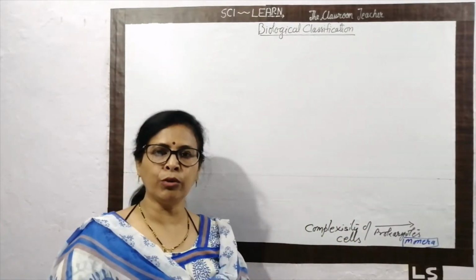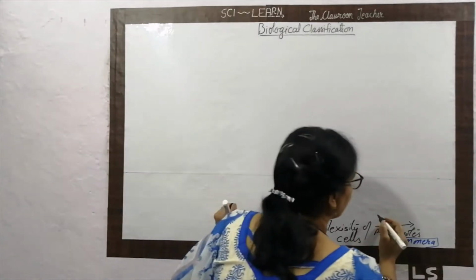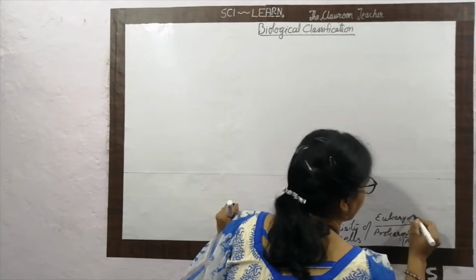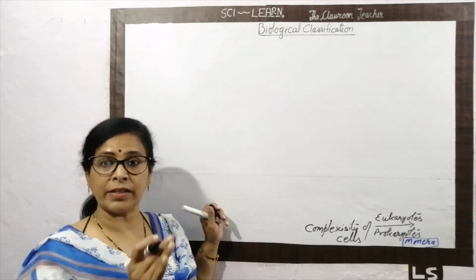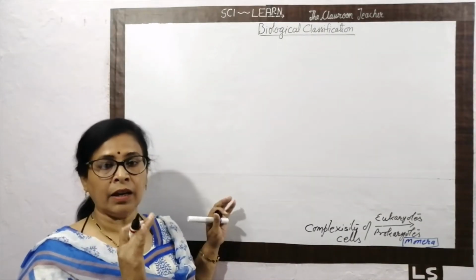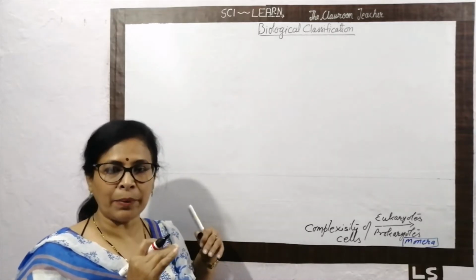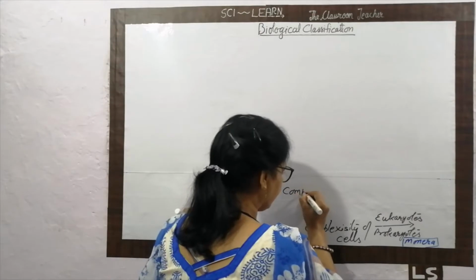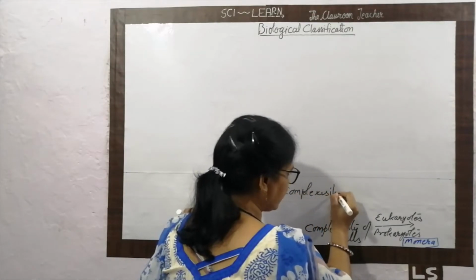This monera moves towards the complex structure and they form the eukaryotes. Eukaryotes are formed. It means there is a little bit of complexity in the cell, and when the complexity in the cell arises, then the complexity of organisms starts.